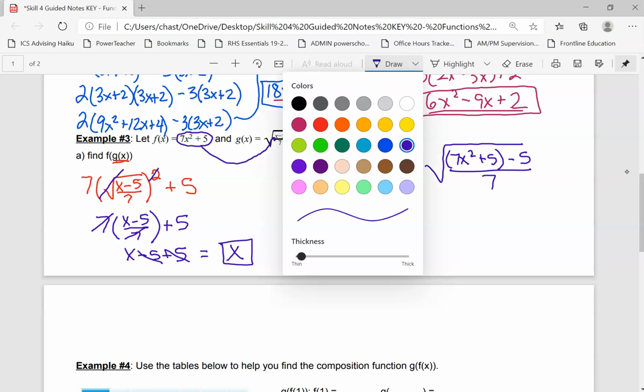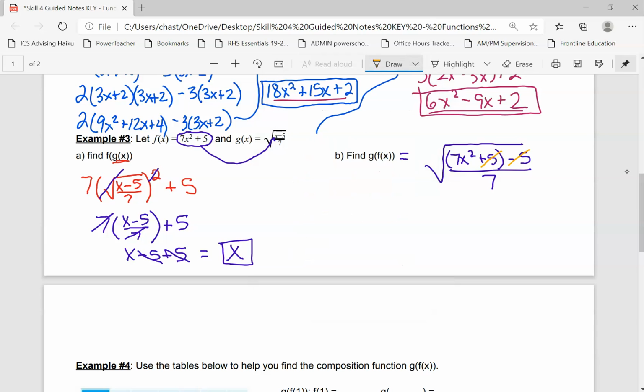And looking at this, what I'm going to first notice is that my plus 5 and my minus 5 will cancel, so that gives me the square root of 7x squared over 7. The 7's will cancel, so I just end up with the square root of x squared. And we know that squares and square roots cancel, so this just equals x as well.